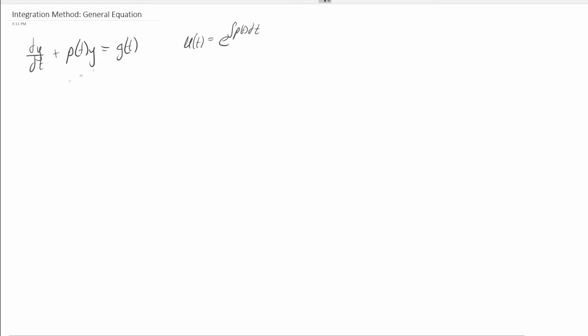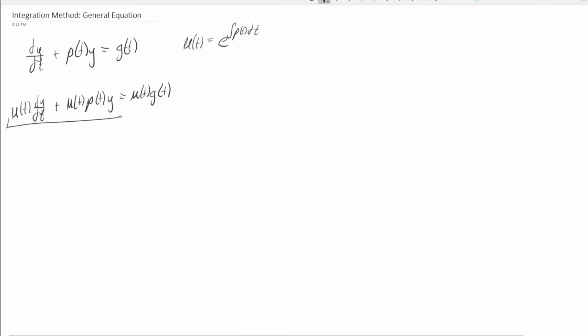So next step is we're going to multiply mu of t to everything on both sides. So we're going to get mu(t) dy/dt plus mu(t) p(t) y is equal to mu(t) g(t).